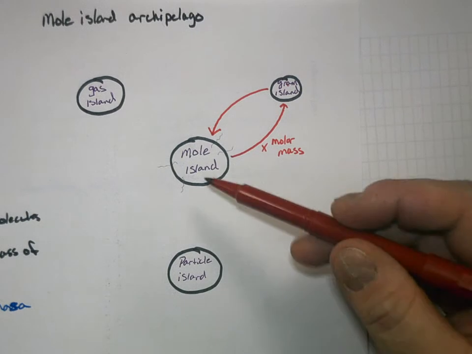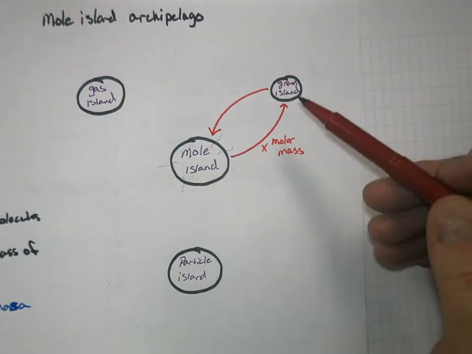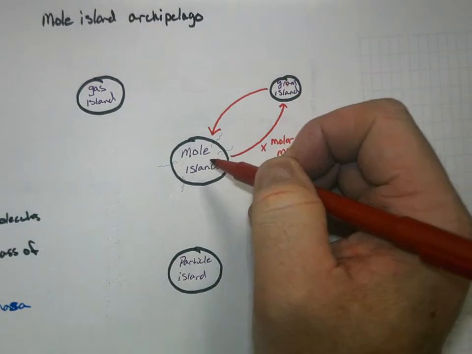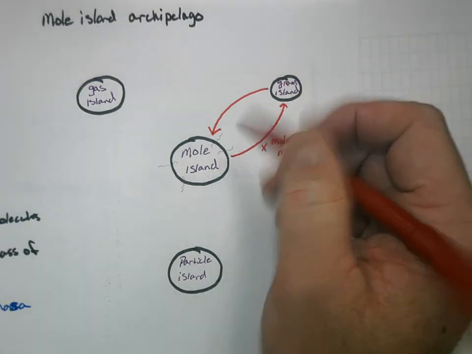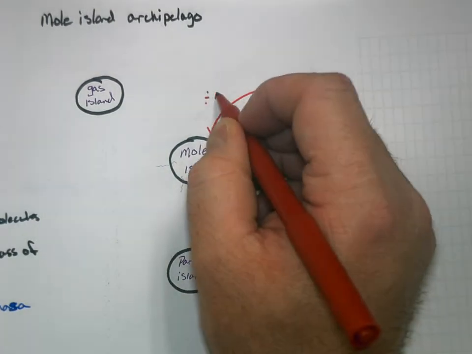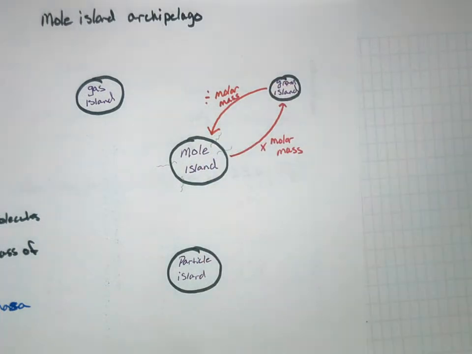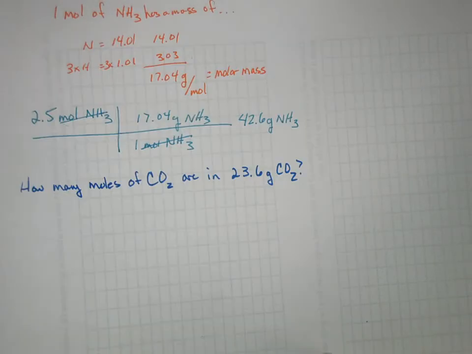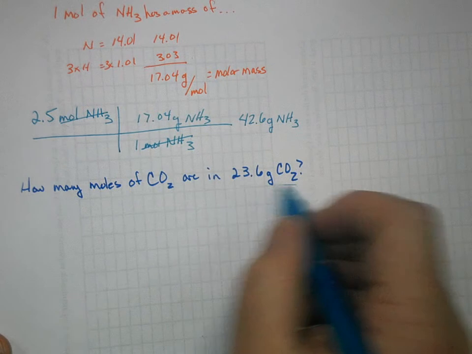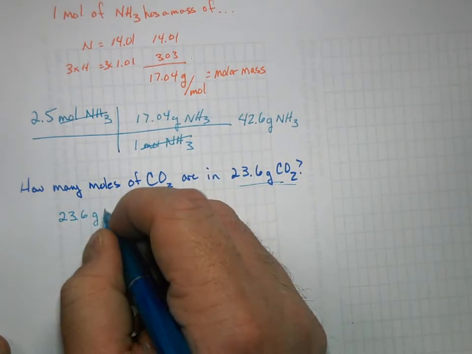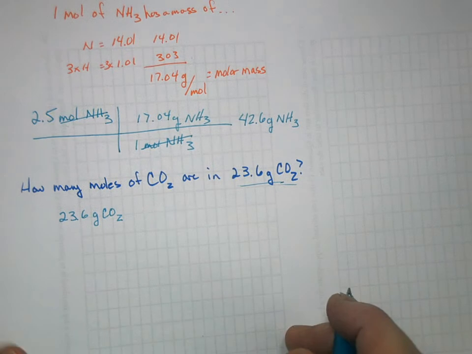So instead of multiplying, we have Mole Island, we're trying to get out to Gram Island, where we multiply by our molar mass. If we have to return from Gram Island to Mole Island, we're going to do what? We will divide by our molar mass. So we come back over here and we start with our given, which is 23.6 grams of CO2.